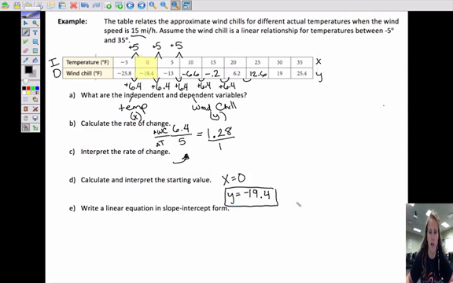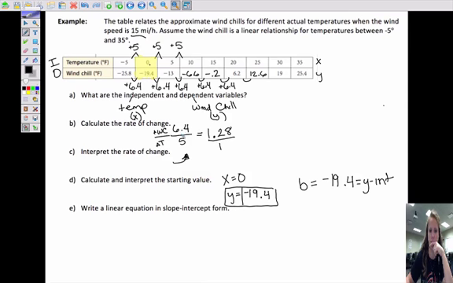We just know that that is our y-intercept. So in the equation part, that would be -19.4 equals b. That's going to be our y-intercept. I'll write that too since the problem doesn't. Okay? And then let's interpret that. What does that mean? That means, well, when the temperature is 0, the wind chill is -19.4 degrees.